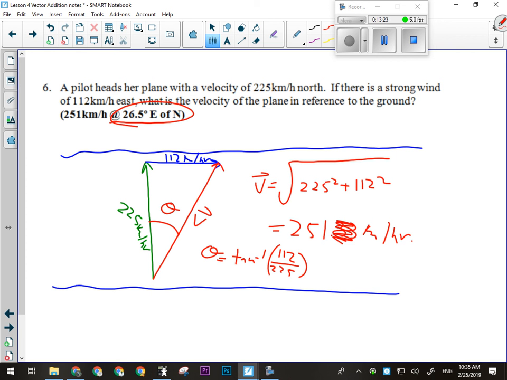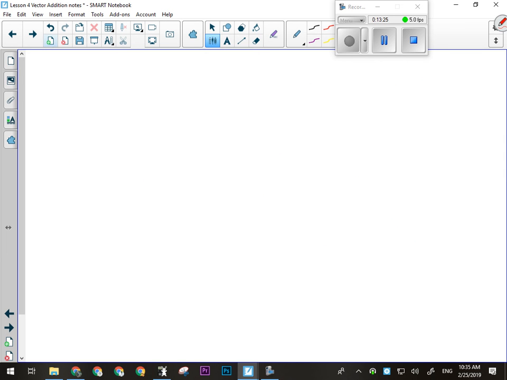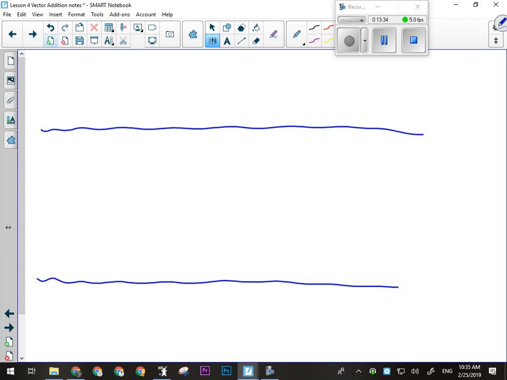All right, the other kind of boat question works a little bit differently. So we'll draw it as a river. In this case, the question would be worded this way.